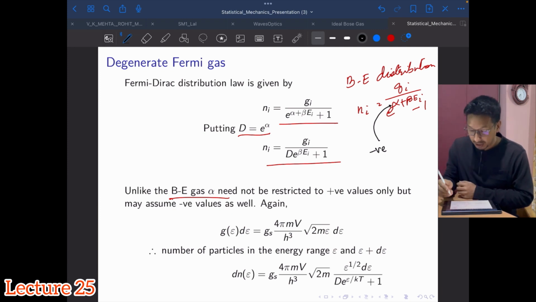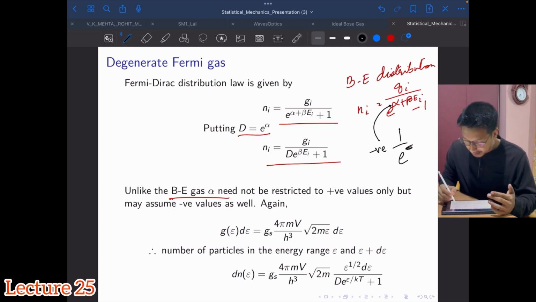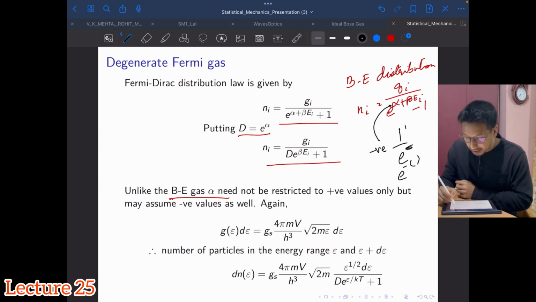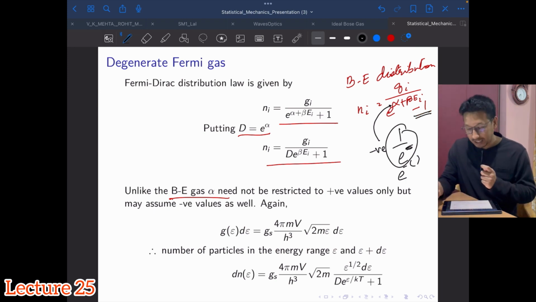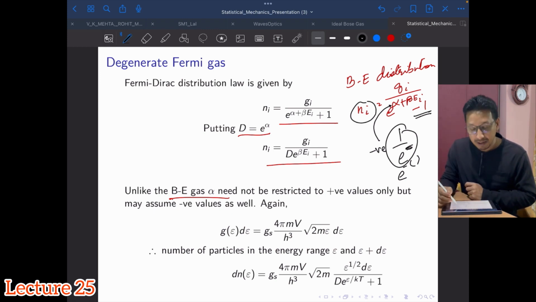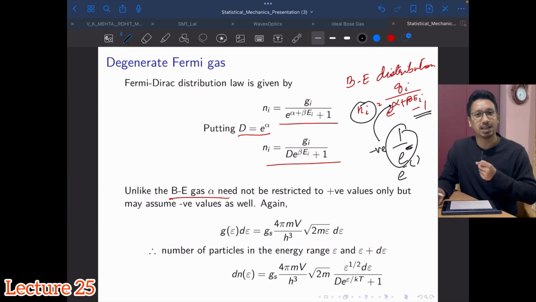Then we have e to the power of some negative number, that is, 1 by e to the power of that number. So this term will be less than 1, but you have here minus 1. That means the denominator can become negative. But your n cannot be negative because these are numbers. How can it be negative? That's why there was a restriction that alpha cannot be negative.